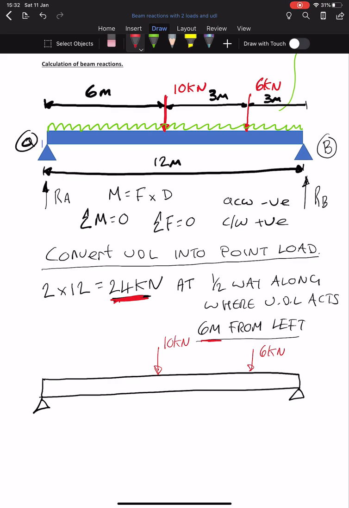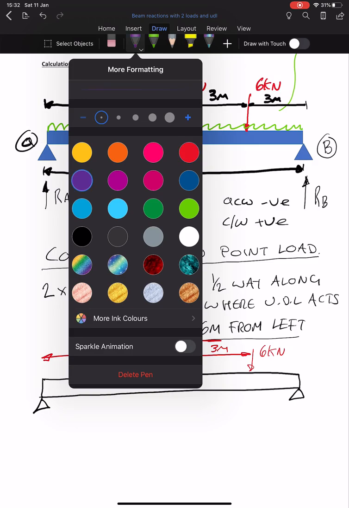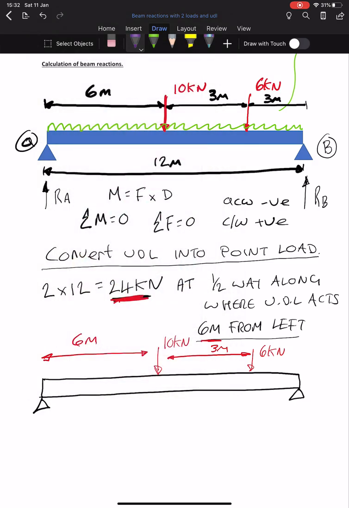So I'll put it down here because it is in line with that, because this is 6 meters and that there's 3 meters. So my UDL force, I'll change the color, is going 6 meters in, so it's going here as well. I just draw a line like that because that's where it is, so we don't forget it. 24 kilonewtons. So that's got rid of the UDL.